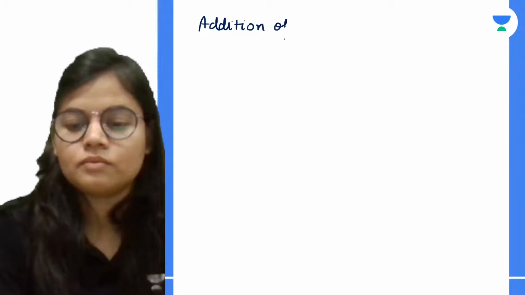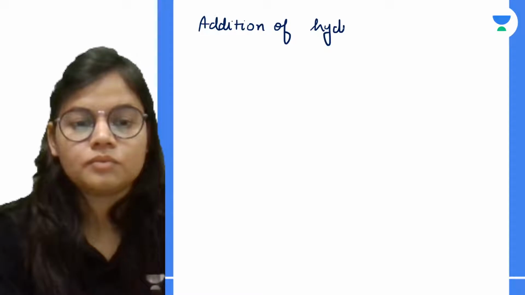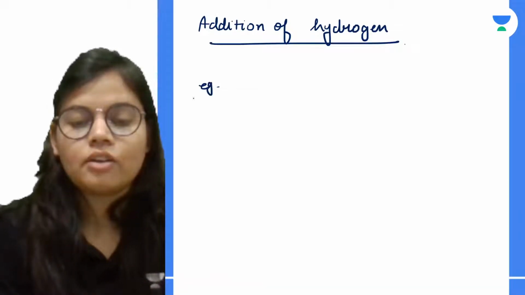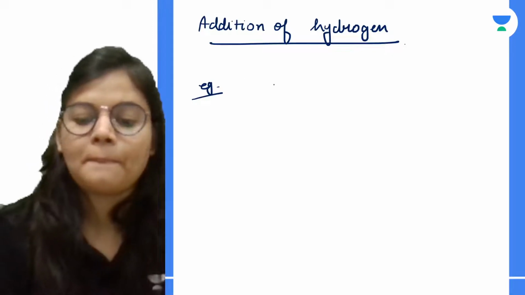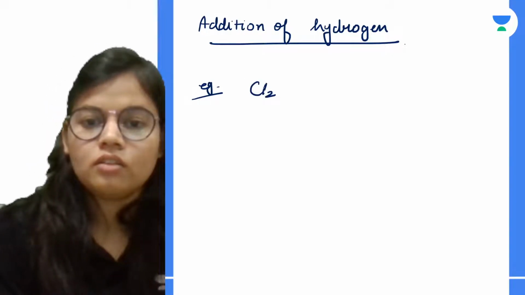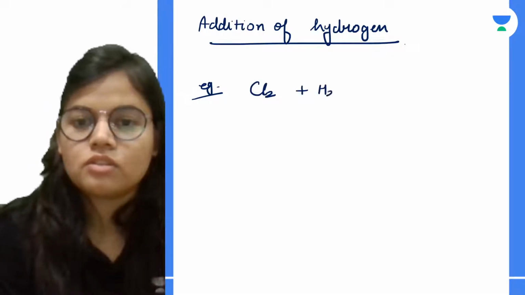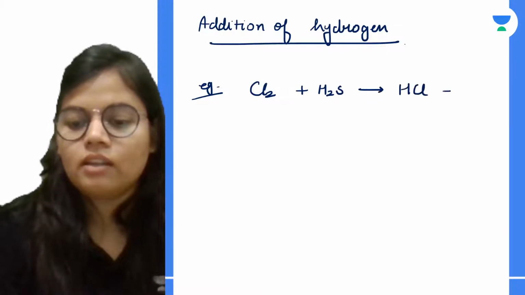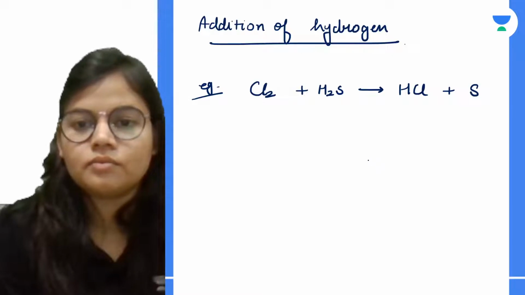Next is addition of hydrogen. Again, let's try to understand it through an example. Chlorine, when it reacts with hydrogen sulfide, what do we get? HCl plus sulfur.